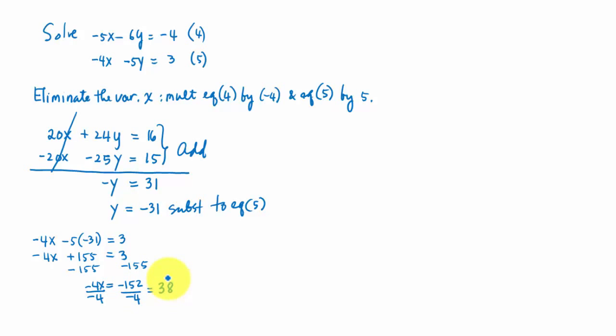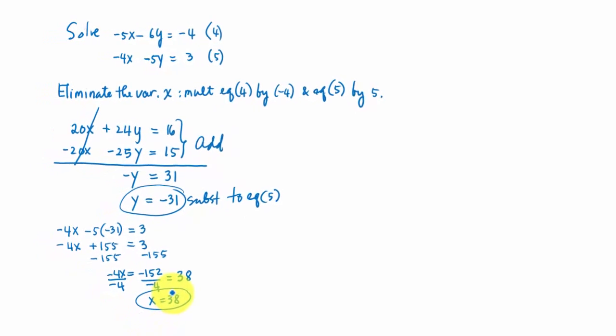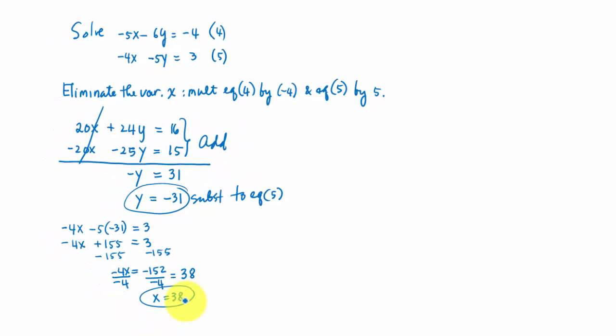Alright, so now we found that x is equal to 38. What do we do? Well, we substitute y equal to negative 31 and x equal to 38 into one of the equations. The easiest would be to substitute x equal to 38 and y equal to negative 31 into equation 3 to get z.